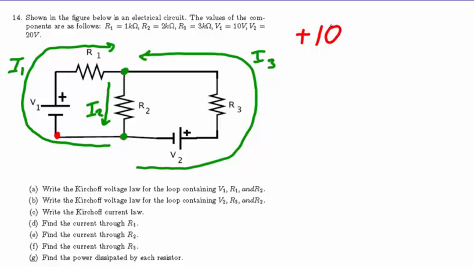Next, we'll cross the resistor R1, which is 1 kilo ohm. The voltage drop across any resistor is V equals IR, so we're going to get 1 kilo ohm times a current. The operative question is whether we are going uphill or downhill. Current in an electrical circuit, just like water in a stream, always flows downhill. If we are moving with the current, we're going downhill. If we're moving against the current, we're going uphill.